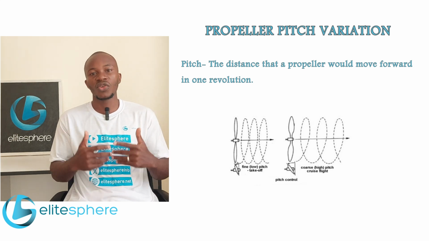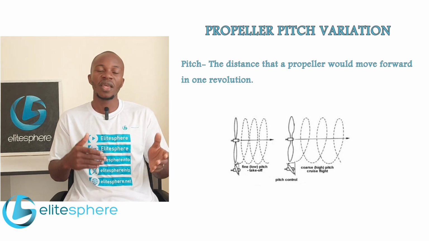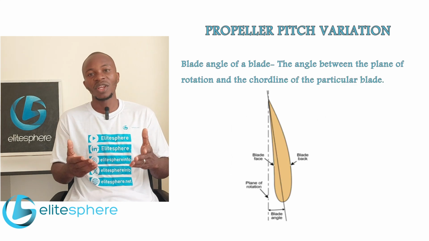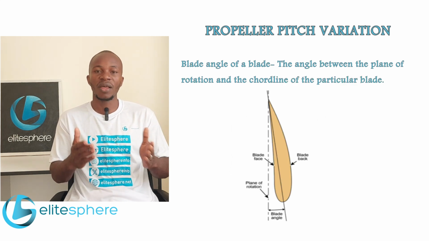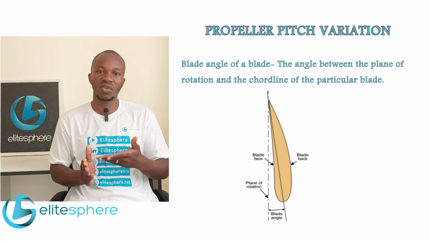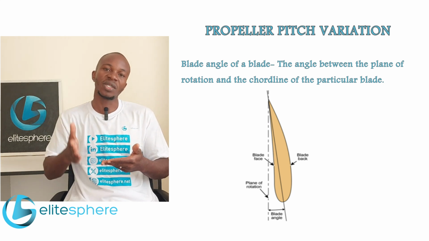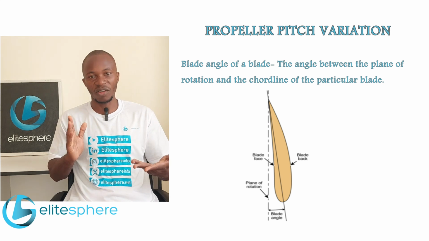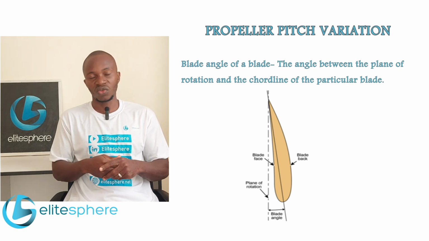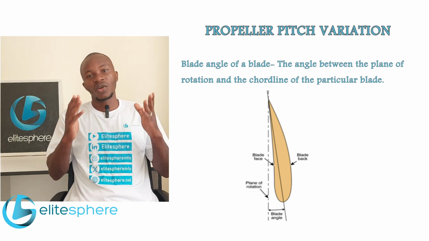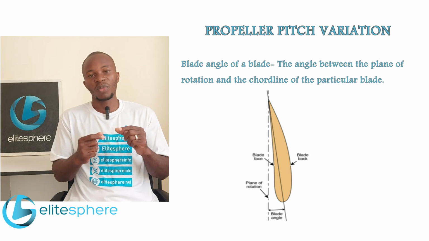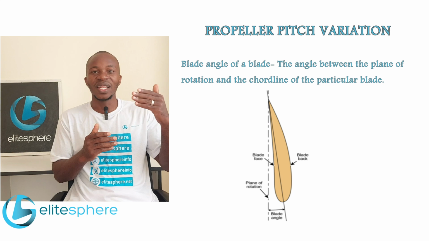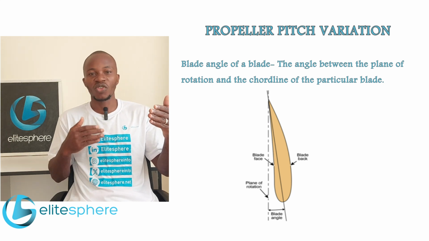The pitch change of a propeller is essentially the change of the propeller blade angle. The blade angle of the propeller is the angle between the propeller plane of rotation, which is an imaginary vertical plane perpendicular to the longitudinal axis of the aircraft, and the chord line of the propeller. The chord line is the line that joins the leading edge and the trailing edge of the propeller.